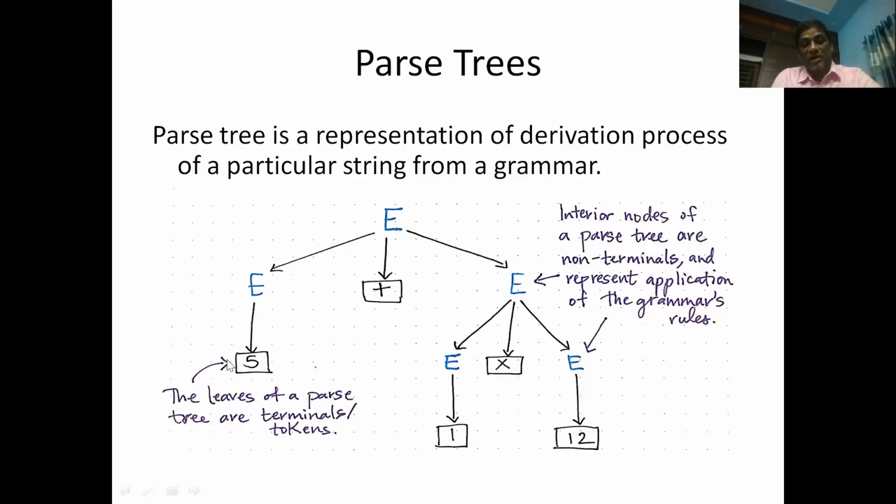So starting from the leftmost leaf, that is 5, plus, the next leaf is plus, and then 1 star 2. So the string is 5 plus 1 star 2. So this represents the derivation of 5 plus 1 star 2 from the grammar E implies E plus E or E star E or identifiers. Okay, so that is what a parse tree is.